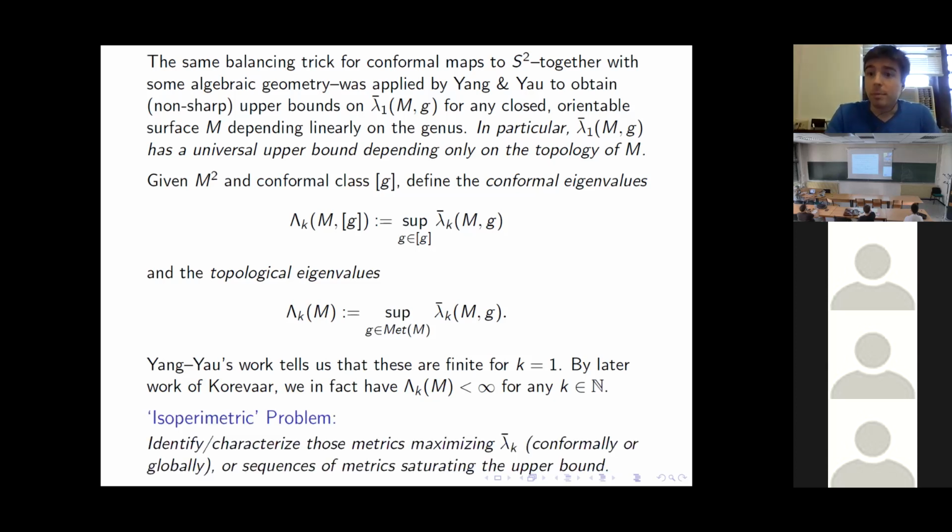Okay, so that leads us to this isoperimetric problem, which is first of all to compute these quantities, and then moreover to characterize those metrics that maximize them. And since we can't say that we have maximizers in general, to at least get some picture of what happens to a sequence of metrics that saturate that bound, and describe the degeneration in the limit. Okay.